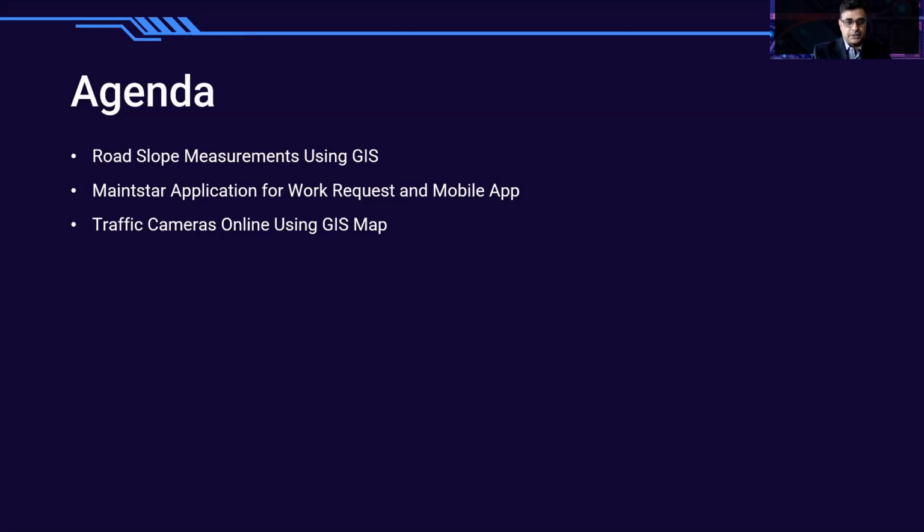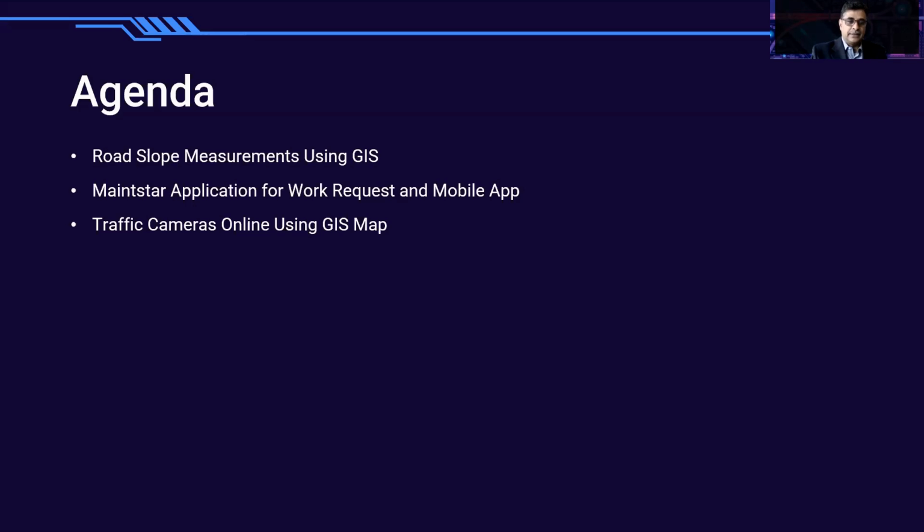And then we also talk about the main star application. When the public sends us a request online, we'll go over what happens to the data, how GIS is used in identifying the correct jurisdiction, and then sending the information to the right people.